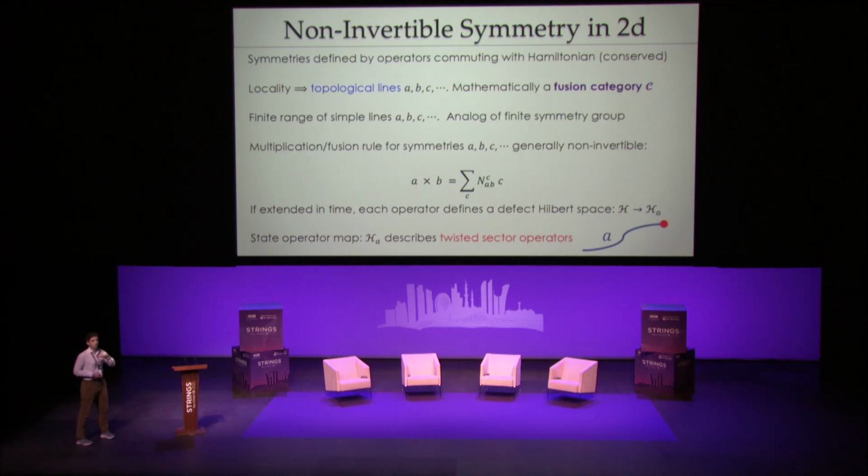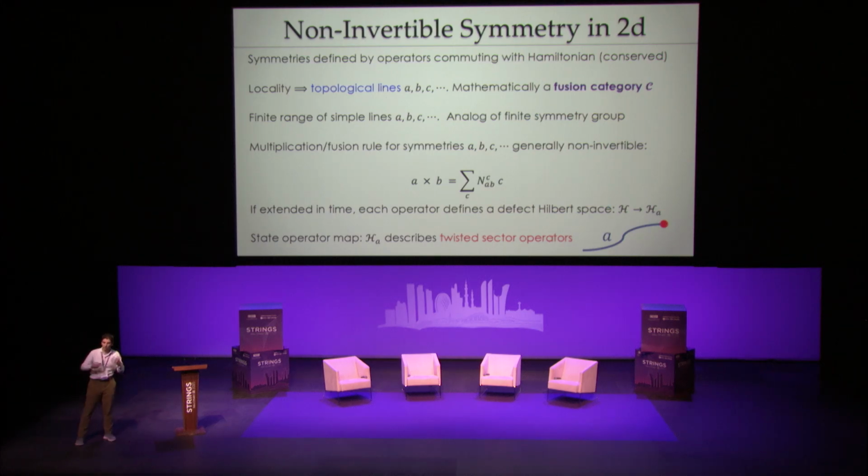Now, that was when we think about these lines acting at fixed time when they describe operators. We can also think about the operators extended in time. Then they make a local modification of space, and so define a new defect Hilbert space, which will sometimes appear. So in that case, H, the Hilbert space, would be converted into H_A.